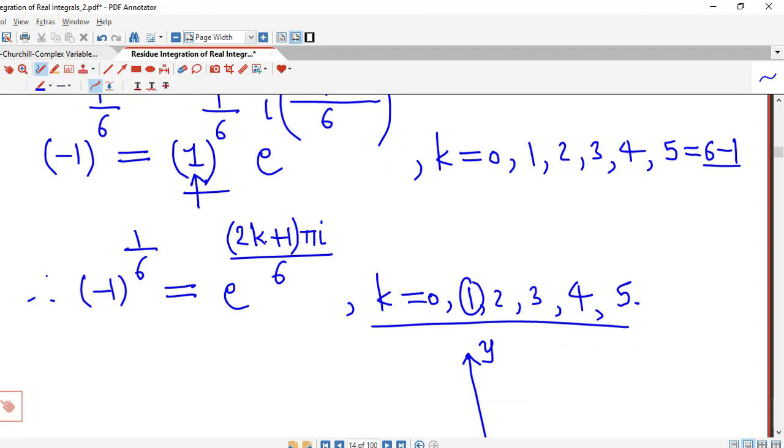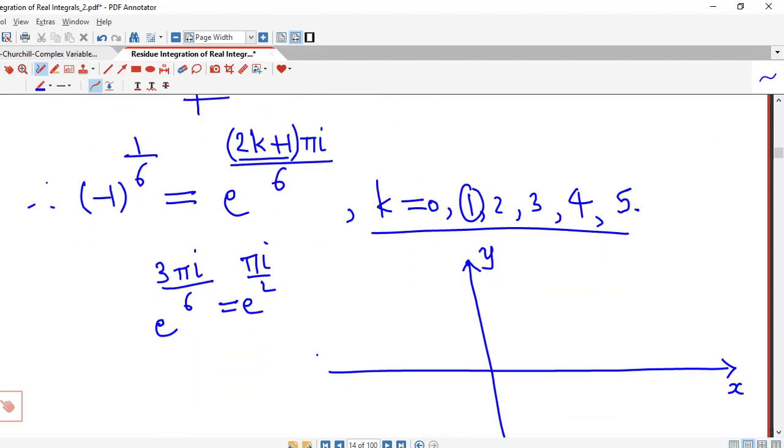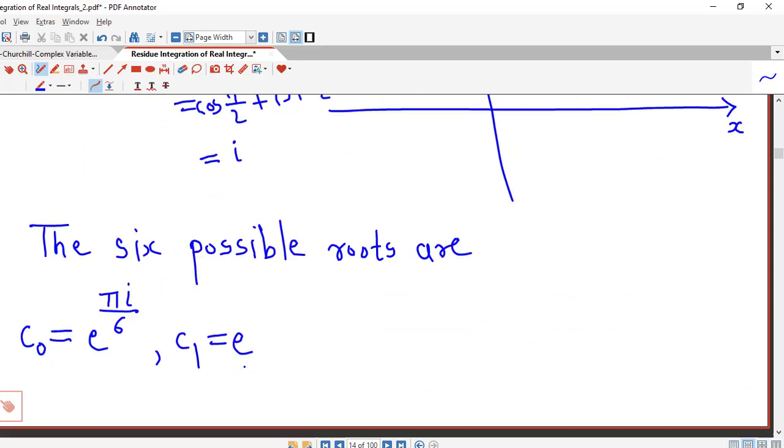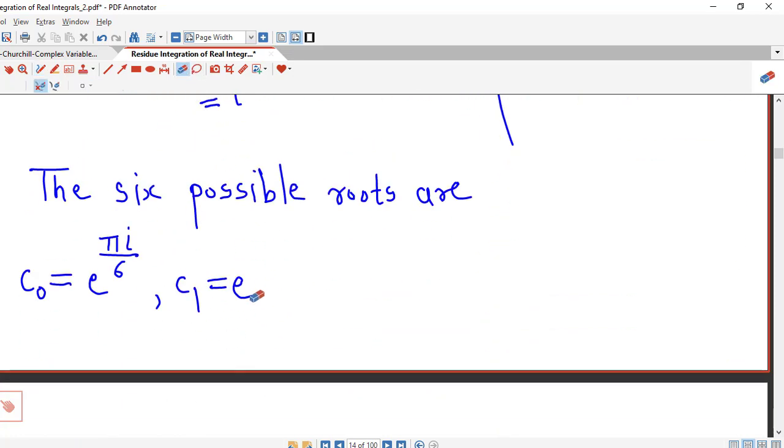So if we put k equal to 1, we have e raised to 3 pi i by 6. For k equal to 1, this is pi i by 2, and e raised to pi i by 2 can be simplified as cos pi by 2 plus i sin pi by 2. Cos pi by 2 is 0, sin pi by 2 is 1. So for k equal to 1, C1 is simply i.